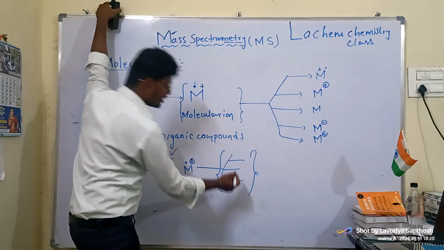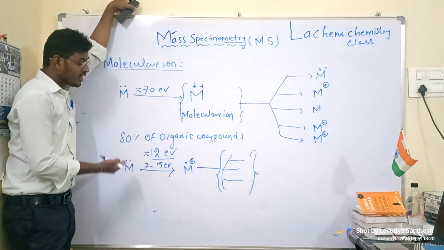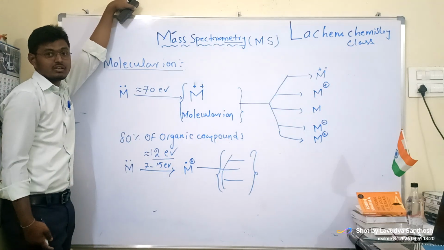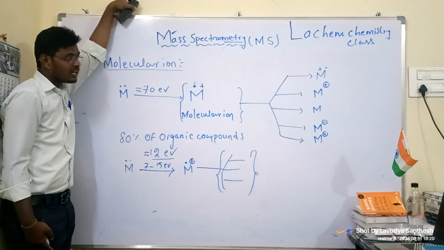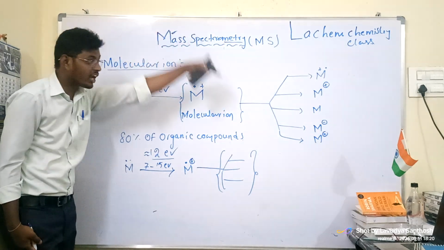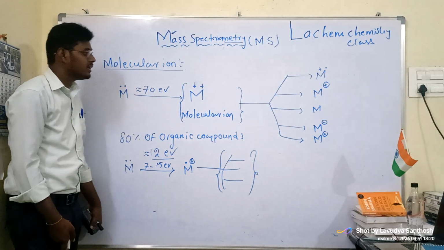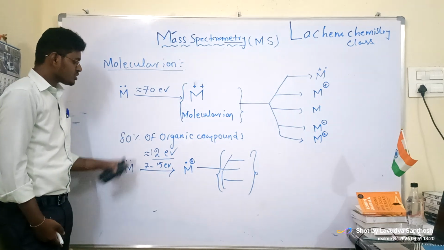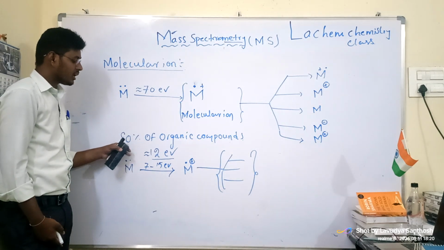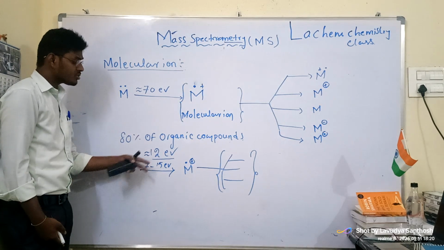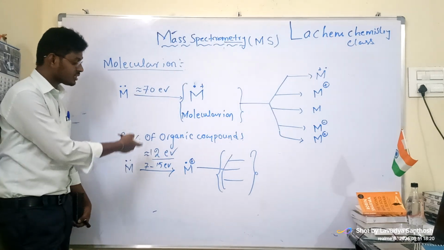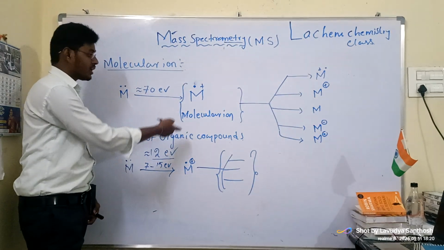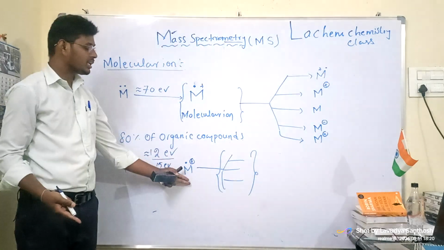This process can't be done because insufficient energy is given. The required amount of energy to split or form fragmentation is not provided. So 80% of the organic compounds at 12 electron volts will generate molecular ion.